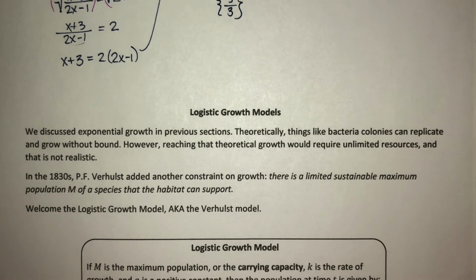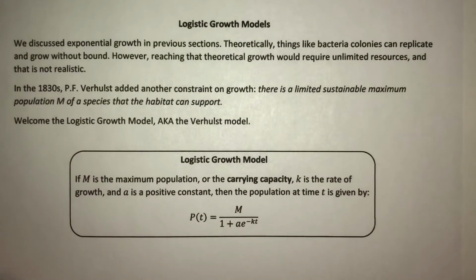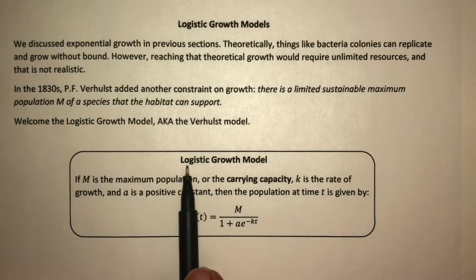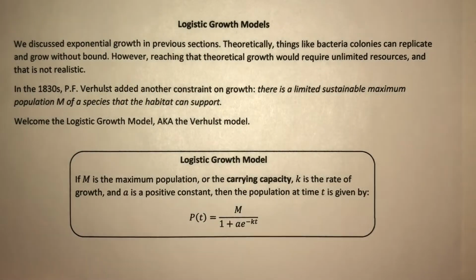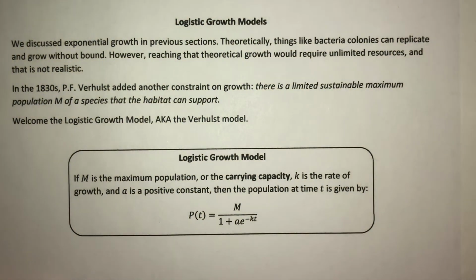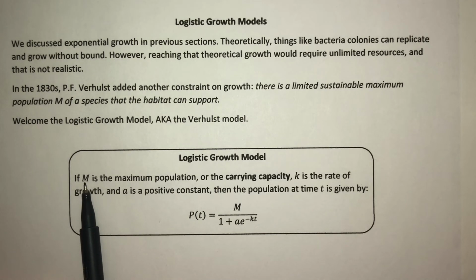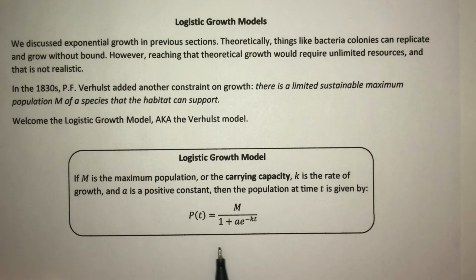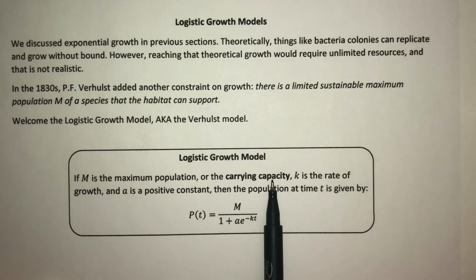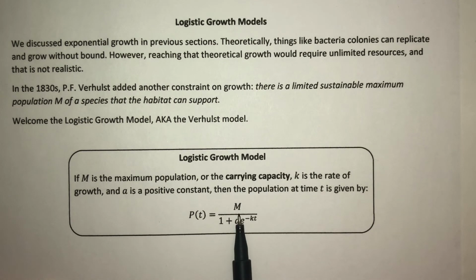And then he used that to create what we call the exponential or the logistic growth model. So logistically, realistically, how fast can this thing grow? Okay. M is the largest value it could possibly be. It's called the carrying capacity. So whatever your numerator here is, that is as big as this thing can possibly get.